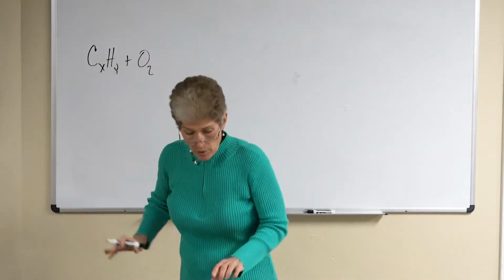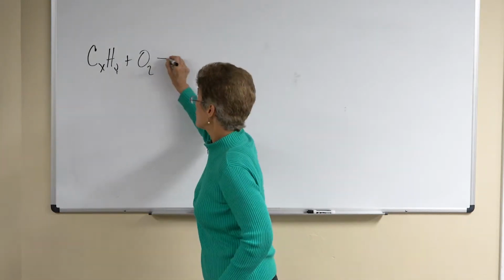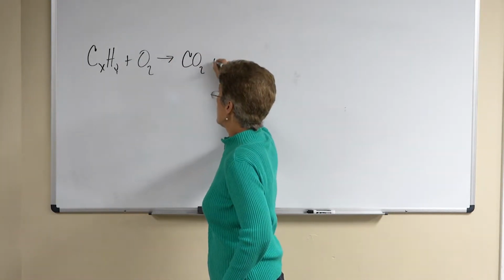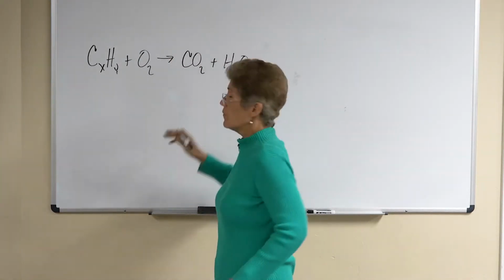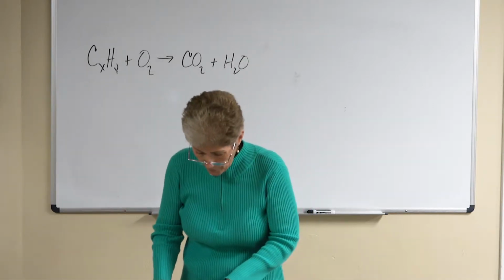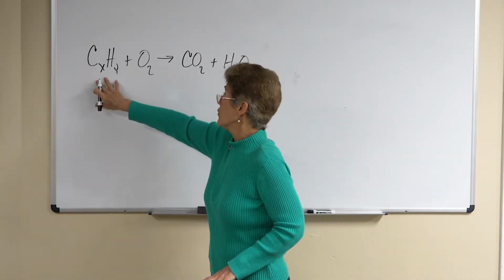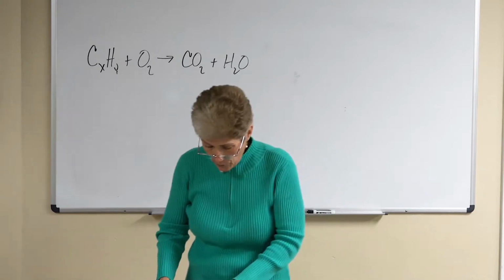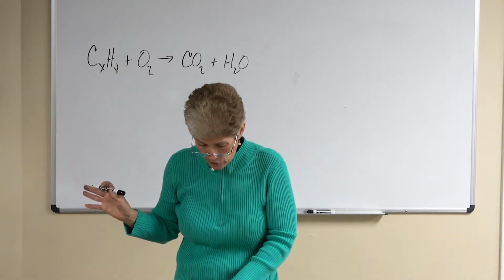We know that. And it's a combustion analysis, so what else do we know? We know that we have this plus this being formed as products, don't we? And because that's all that there is, we know that this is what's formed. We don't know the stoichiometric coefficients.